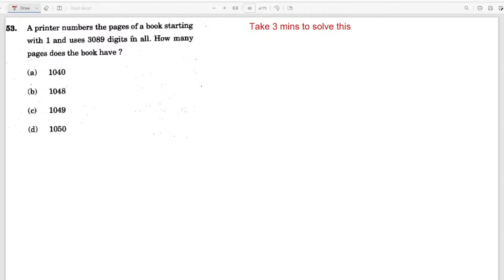Please post your answers. One person has got option C. That is 1049.